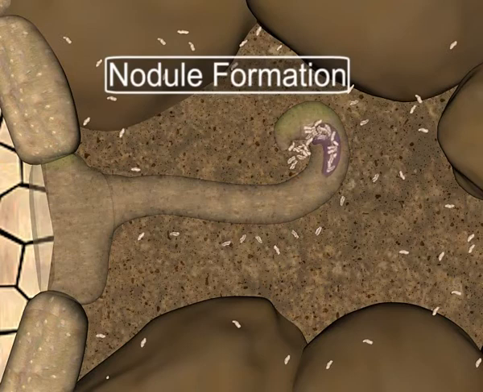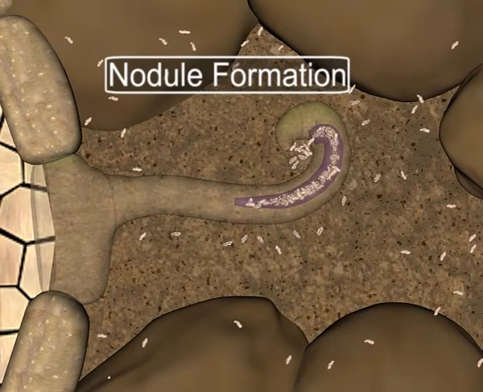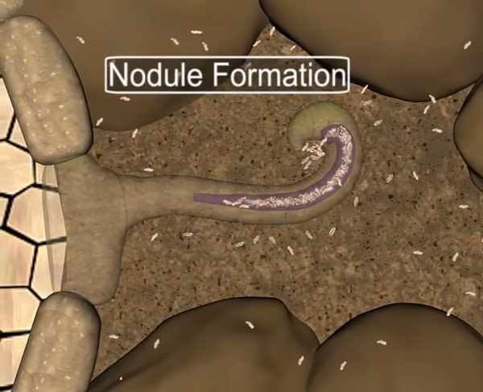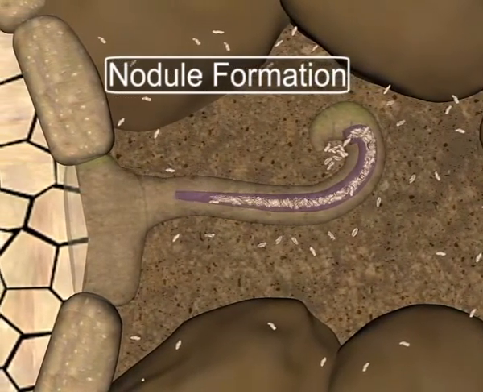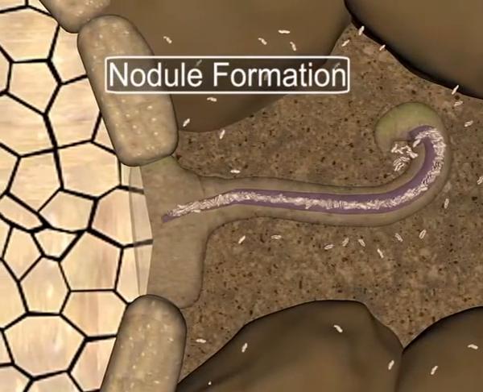Bacteria that enter the infection threads produce nod factors and keep on generating these signal molecules till they are taken up by the plant cells. The Rhizobium grows and divides in these infection threads.